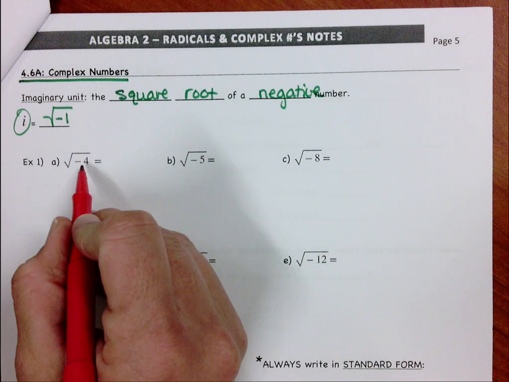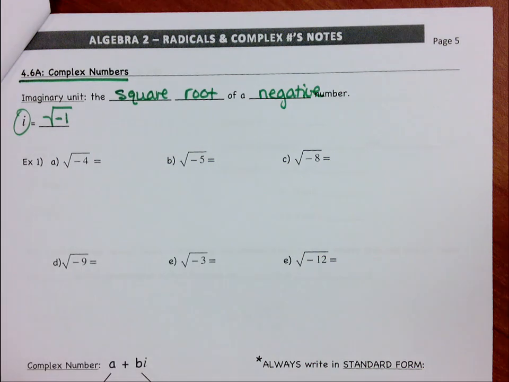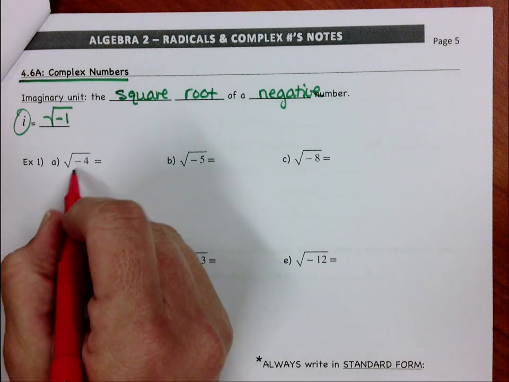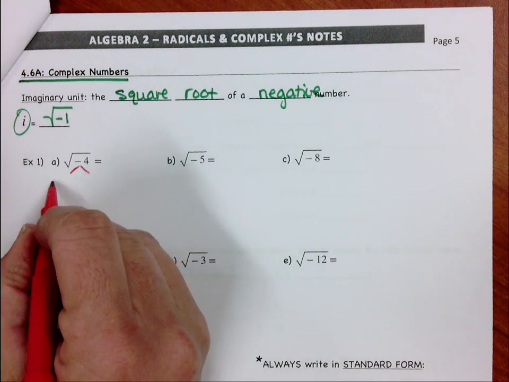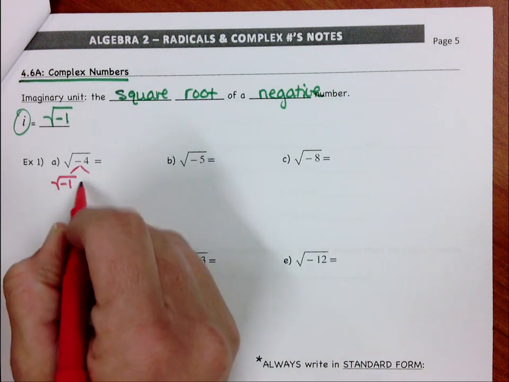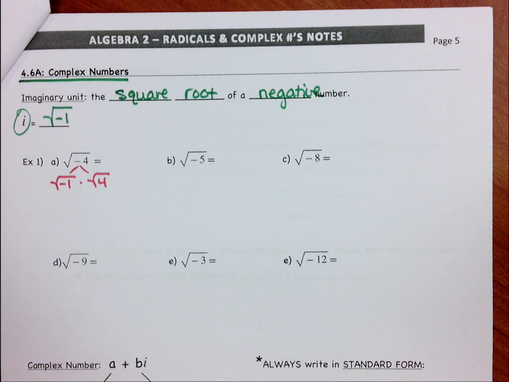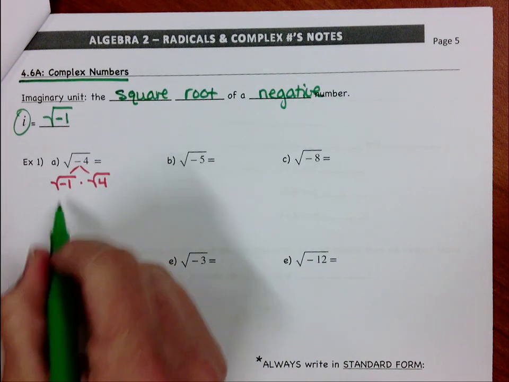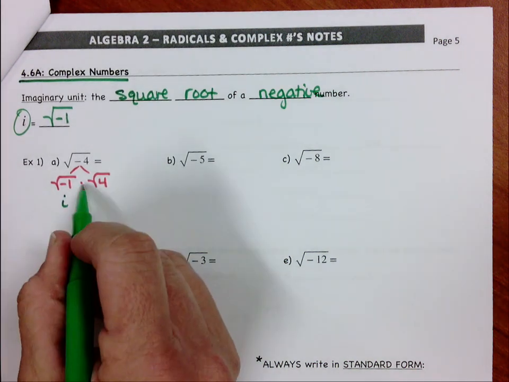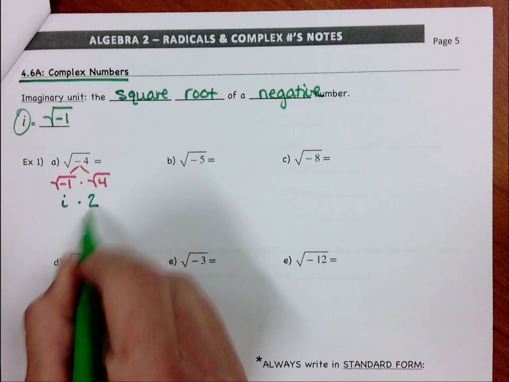So we can look at this as the square root of negative 1. We can split this up as the square root of negative 1 times the square root of 4. The square root of negative 1 is i, and the square root of 4 is 2.